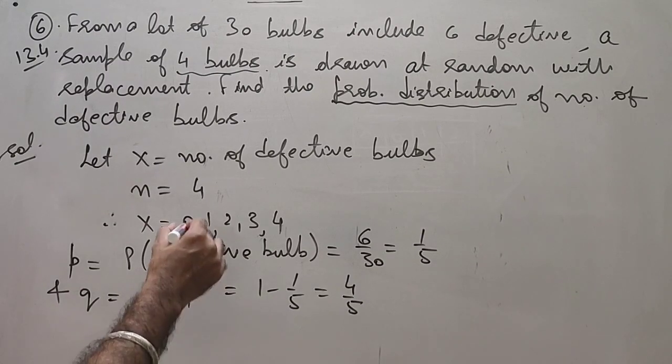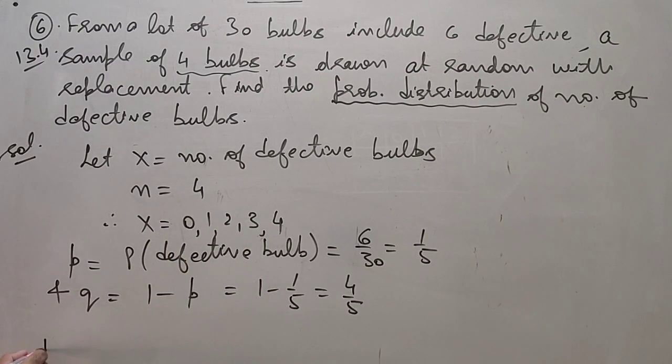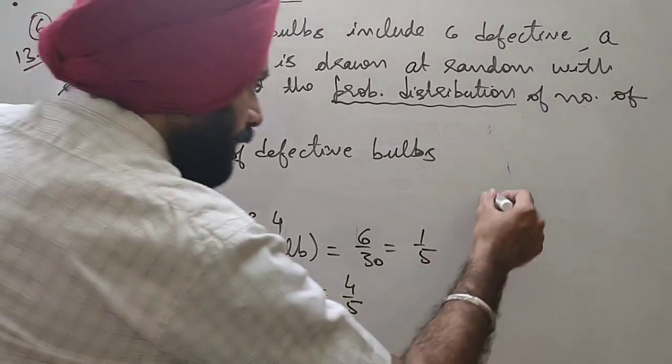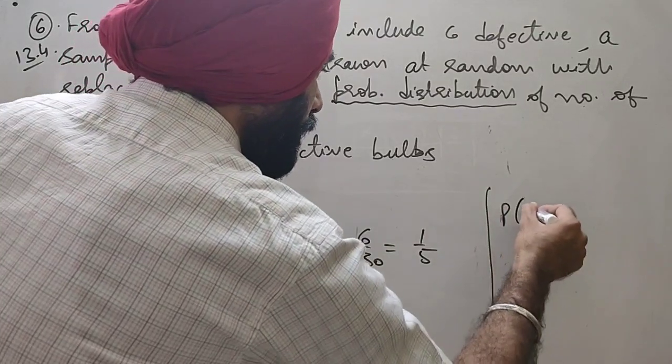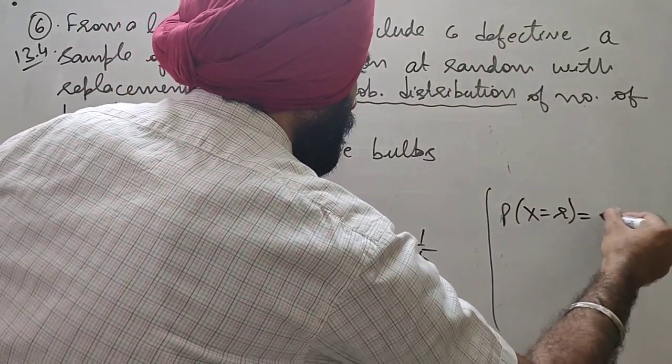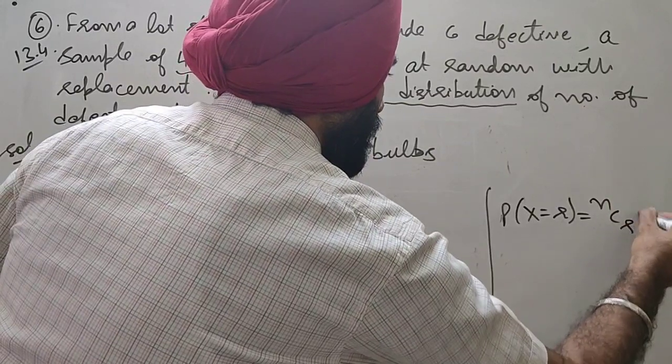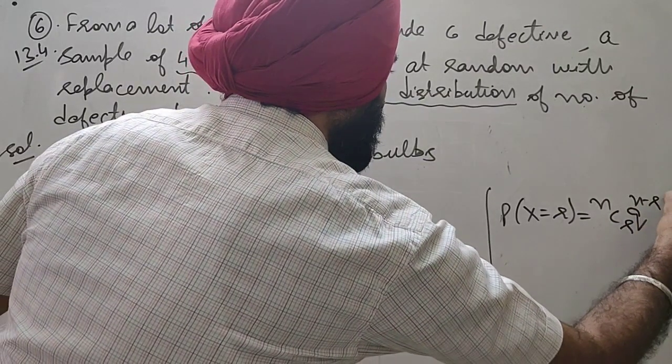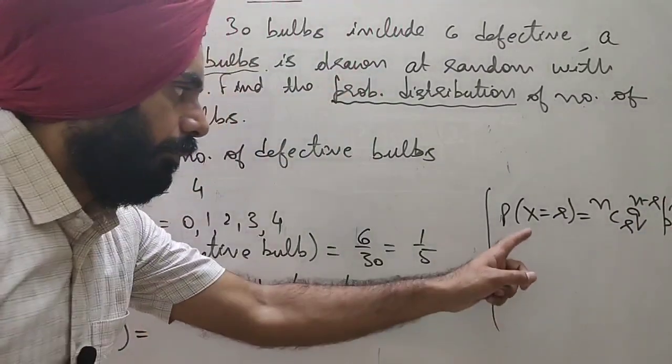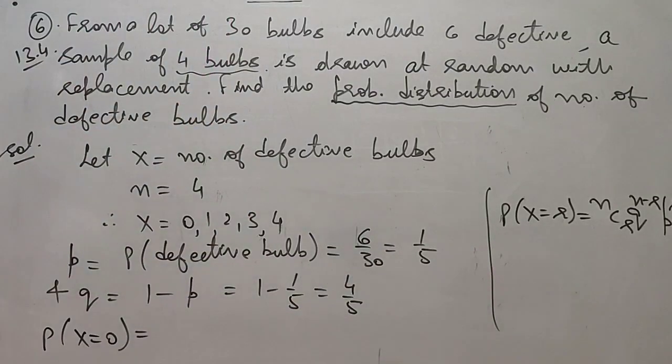Now we have to find all the probabilities one by one. So first of all, what is the probability of X equal to 0? There should be no defective bulb. Now there is one formula: probability of X equal to r is nCr q raised to power n minus r and p raised to power r. We will apply this formula in these cases.